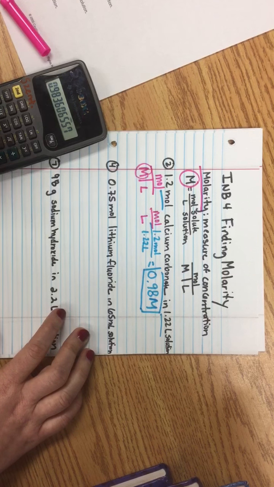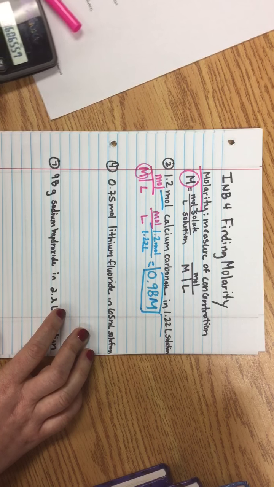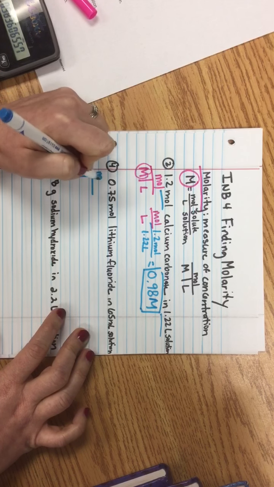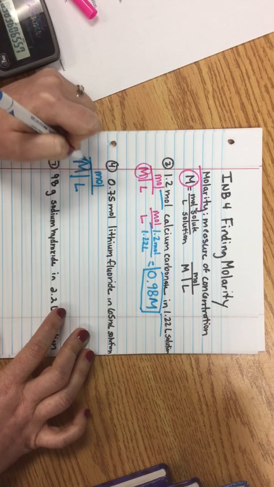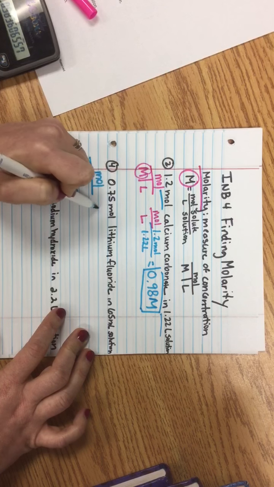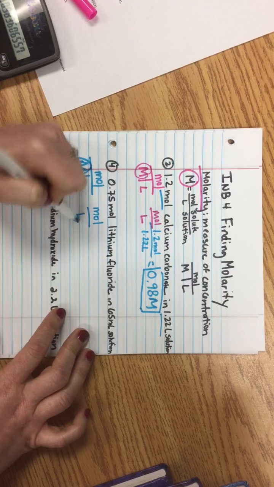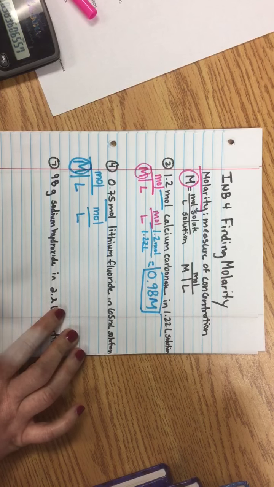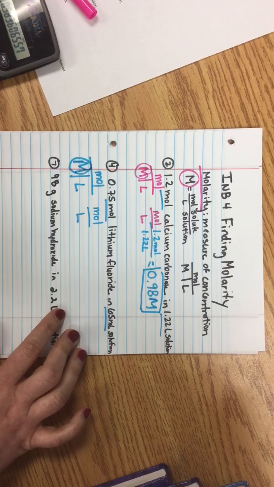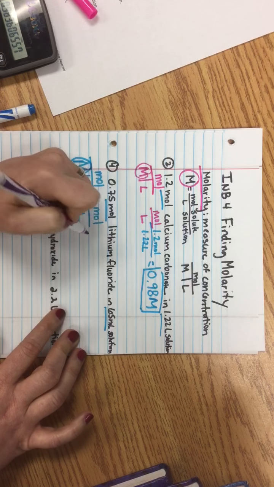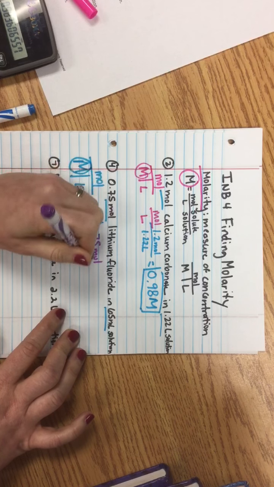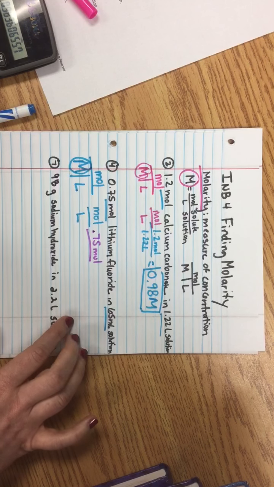So now let's look at number 4. With number 4, in order to calculate the molarity, again, I say molarity equals moles and liters. Looking for molarity, that means my formula is going to be moles over liters. Well, I have 0.75 moles of lithium fluoride and 65 milliliters of solution. So I know that I'm going to be able to put 0.75 moles on top, but I have a problem with 65 milliliters of solution.